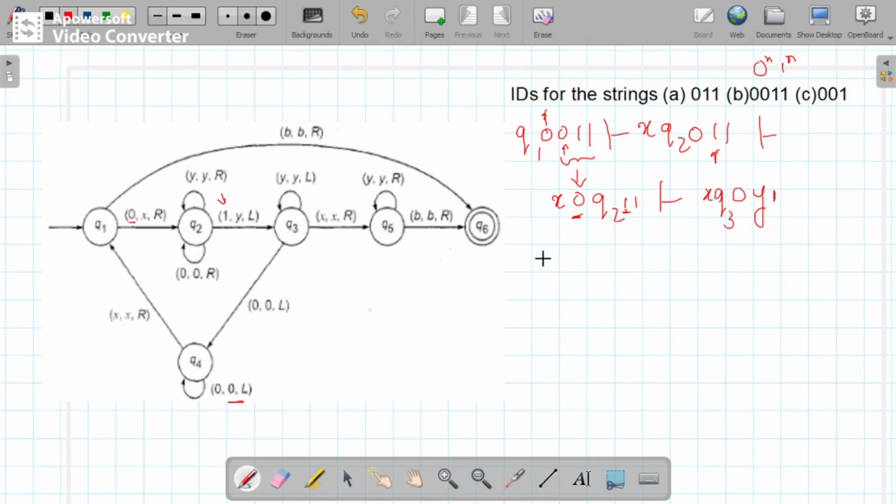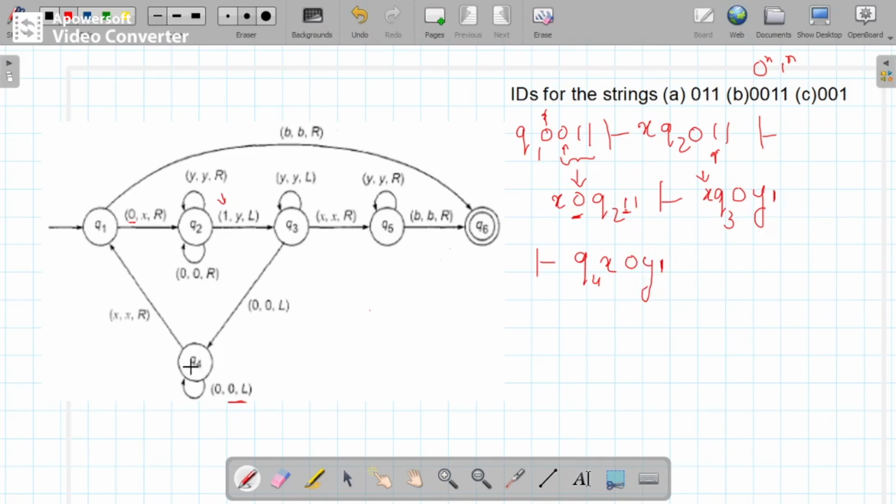So next, q3 on 0 goes to q4, but it is taking a left move. So for the next processing, this will be the current character. The 0 will not be replaced, but it goes to q4. So q4, x 0 y 1.